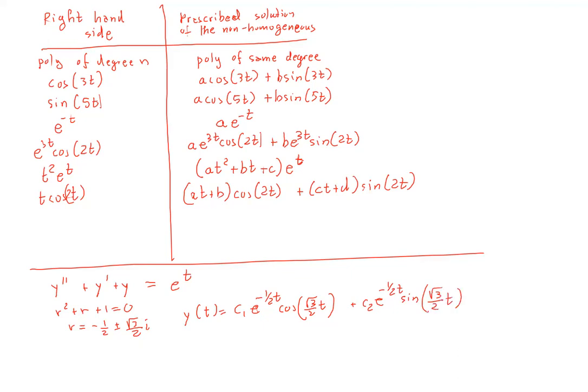And now, how should I prescribe my special solution? Very simple, just a e to the t. All the derivatives are the same. So the derivative of this is again a e to the t. The second derivative is still the same.